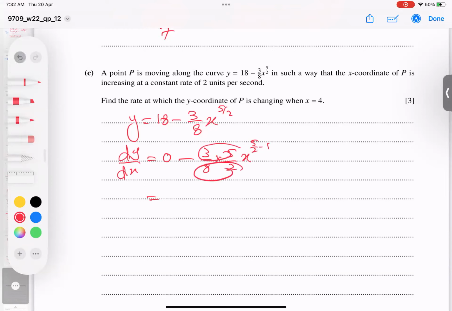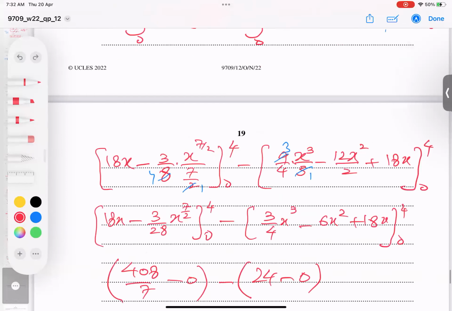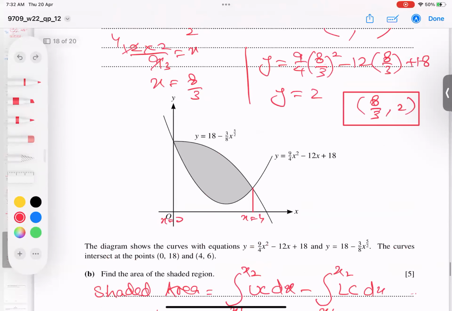15 over 16, minus, and 3 by 2 comes here. So differentiation is done. But first of all, read the question. He's saying, as P moves along this curve, if the point moves here, then it comes here.